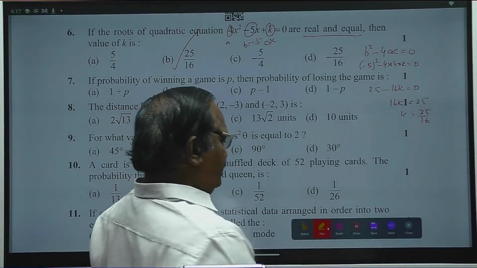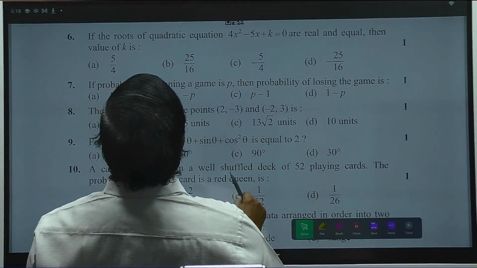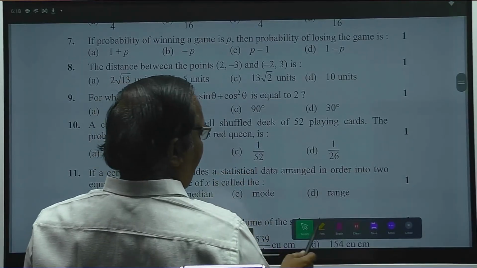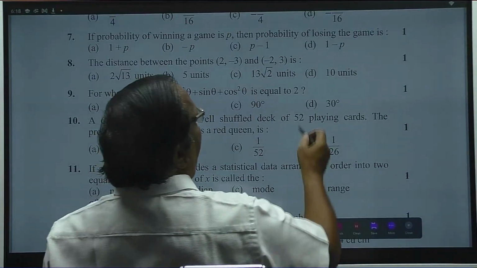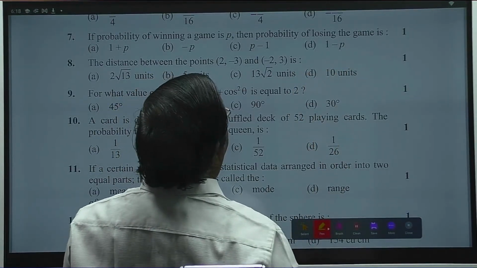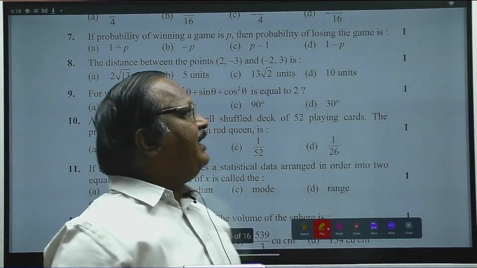Okay. So now let us go to question number 7. The probability of winning a game is P. The probability of losing the game is how much? P minus 1. Okay, very simple.